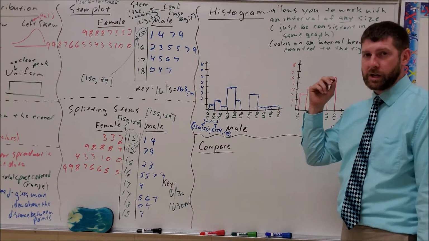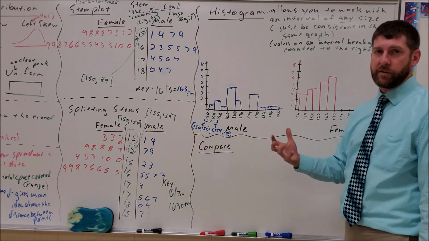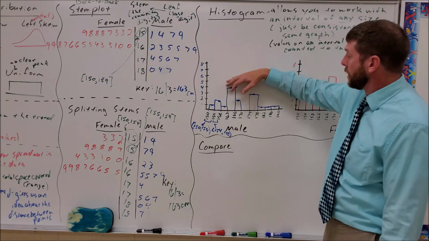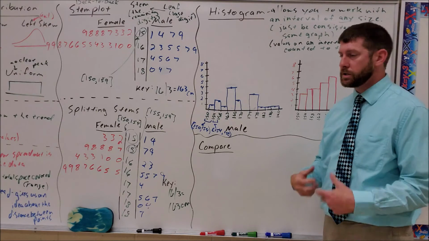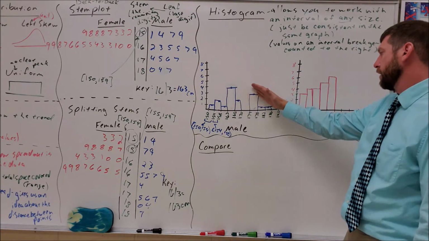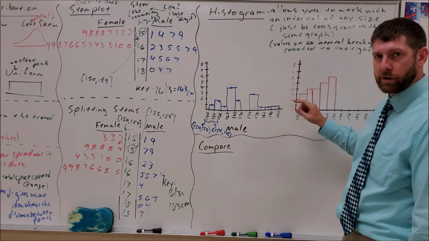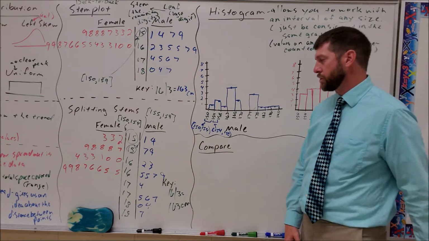There's not a true right, true wrong on this stuff, as long as you can justify it statistically. So I could justify symmetric because I can see a peak towards the middle and then it tapers off on both ends. I could justify it as right skew because I feel like you've got a bulk of data and a longer tail. It really tails off here on the bottom where it's just 1, 1, 1, 1 on the far right. So you could go any of the ways, just be able to justify it.